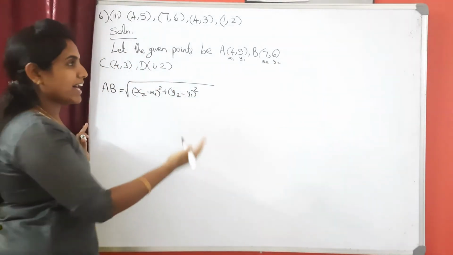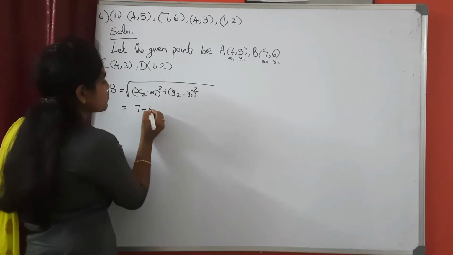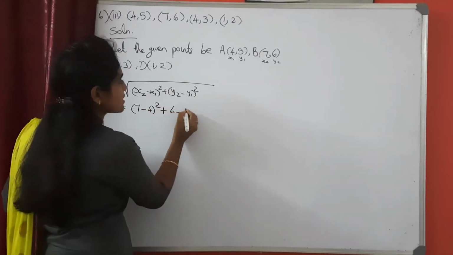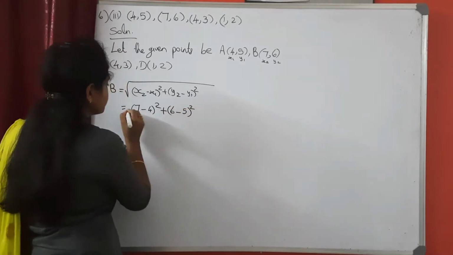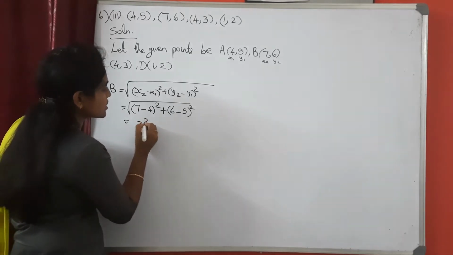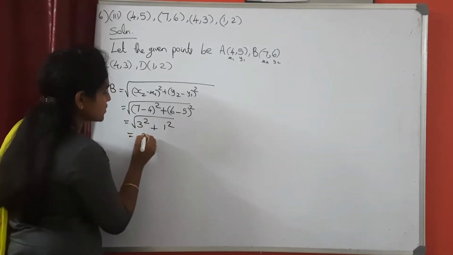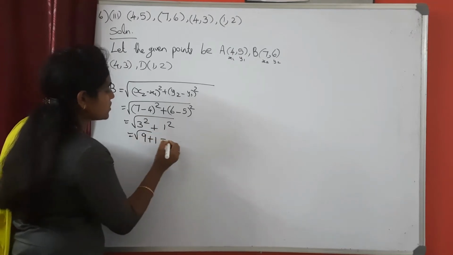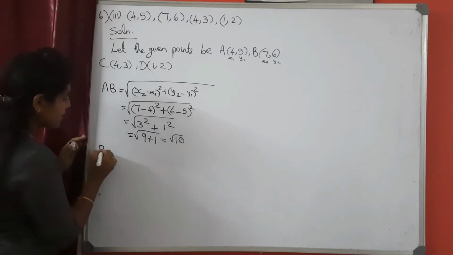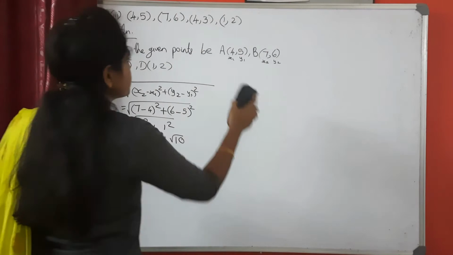You just apply the values in the formula. 7 minus 4 the whole square plus 6 minus 5 the whole square. 7 minus 4 equals 3 squared plus 6 minus 5 equals 1 squared. 3 squared equals 9, 9 plus 1 equals root 10. Next we need to find the BC value.